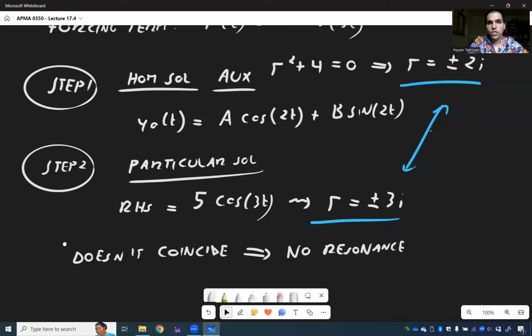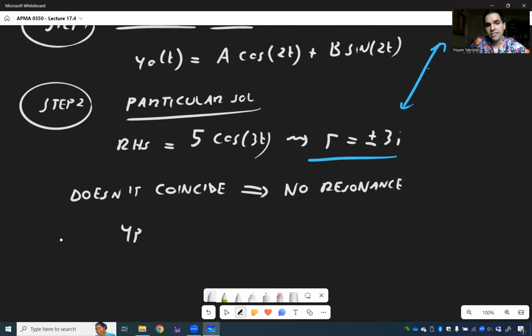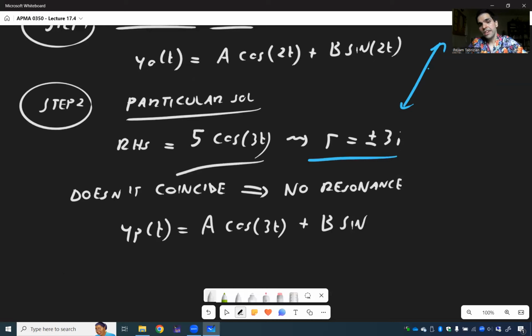And so we just have to guess the usual thing. We have 5 cosine of 3t, so a cosine of 3t plus b sine of 3t.